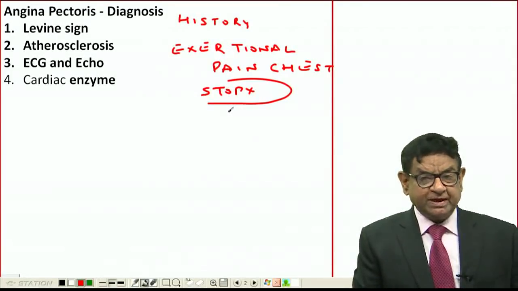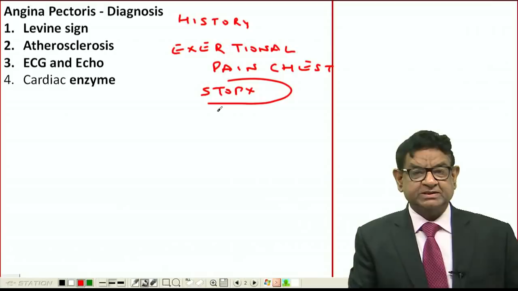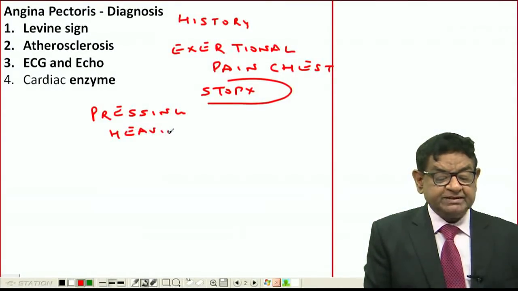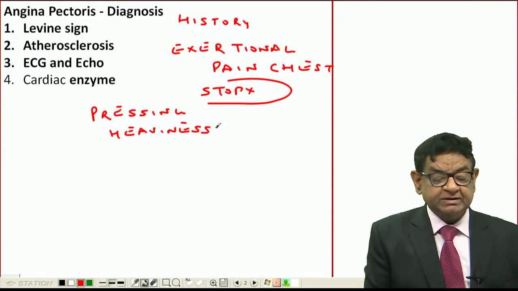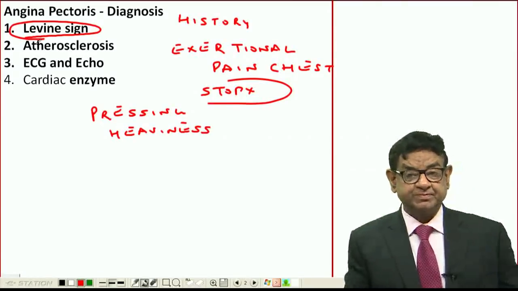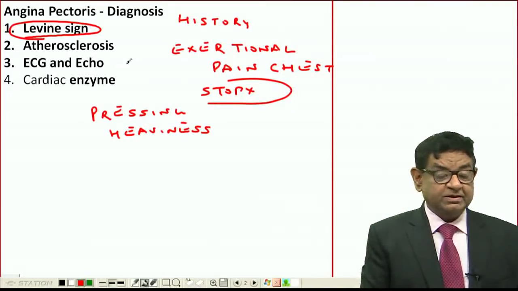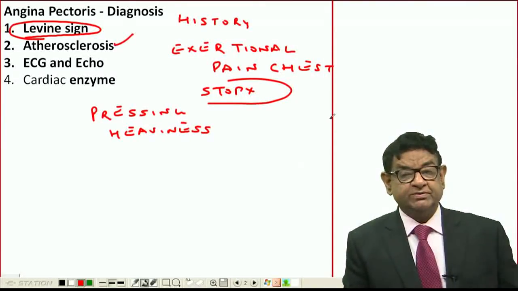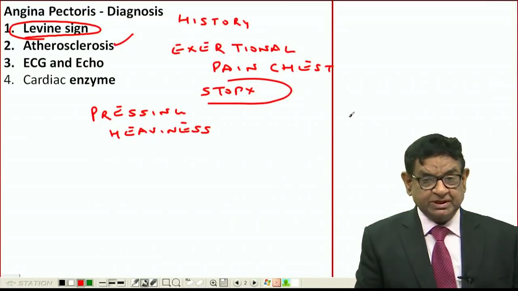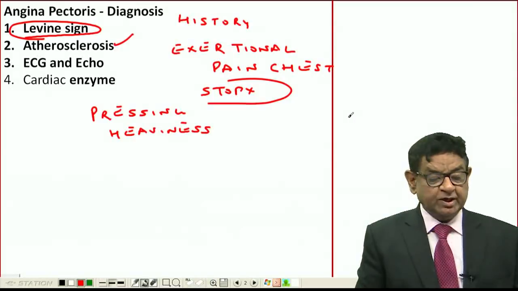And what is the nature of the pain? Patient says as if somebody is squeezing his chest or pressing his chest. He may complain of heaviness in the chest. And this is what is called Levine sign. Well, of course, the most important reason for CAD or coronary artery disease is atherosclerosis, which blocks the coronary artery.